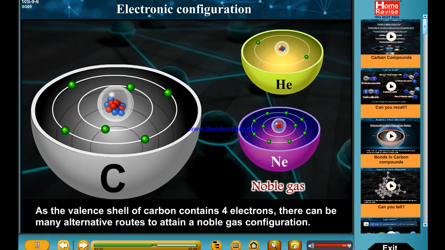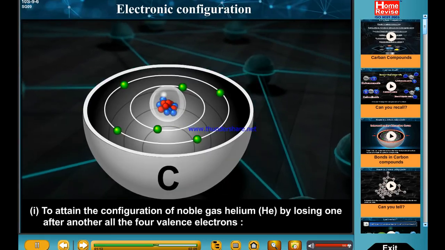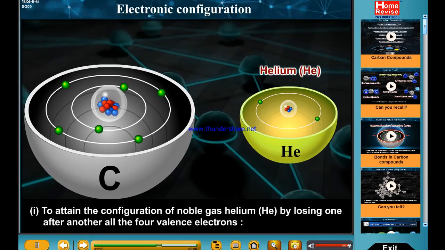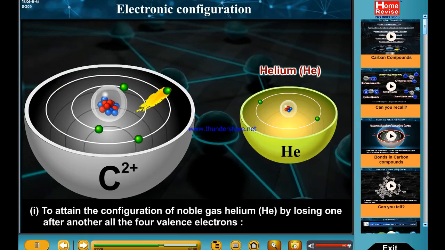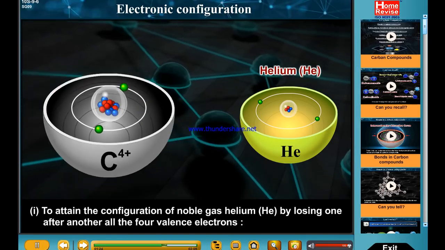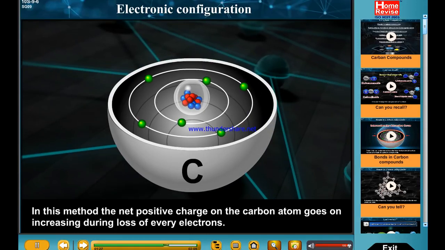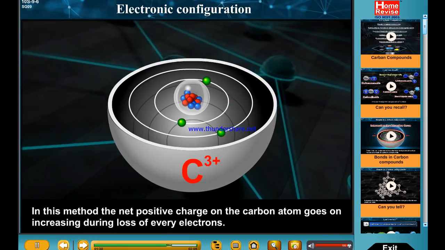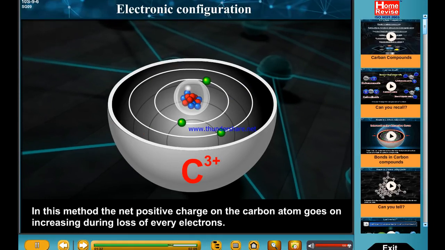First, to attain the configuration of noble gas helium, He, by losing one after another all the 4 valence electrons. In this method, the net positive charge on the carbon atom goes on increasing during loss of every electron.